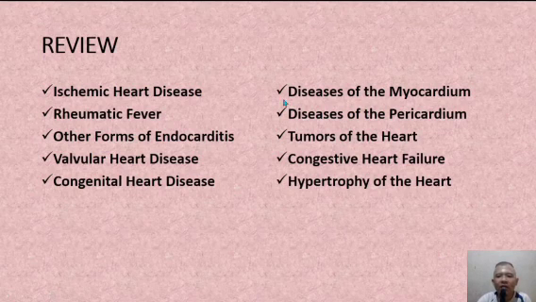Diseases of the myocardium, it's cardiomyopathy. We have dilated, hypertrophic, restrictive, and also arrhythmogenic. Okay. Diseases of the pericardium, we have non-inflammatory and inflammatory, acute and chronic. Tumors of the heart, take note of metastatic, myxoma, okay.